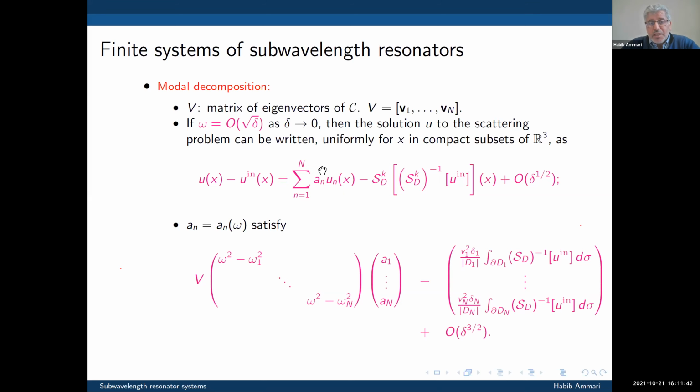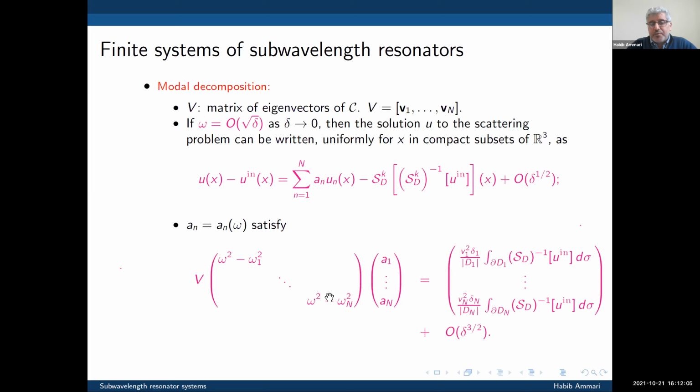So look at the sum. It can be decomposed over the resonant modes, where the coefficients here can be obtained by inverting this linear system here. So you neglect this remainder, you invert, you get the coefficients here, and as you can see, these coefficients blow up when the frequency omega of the incident wave is very close to one of the resonant frequencies.